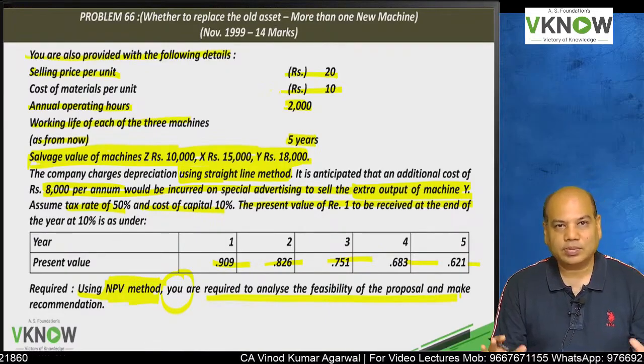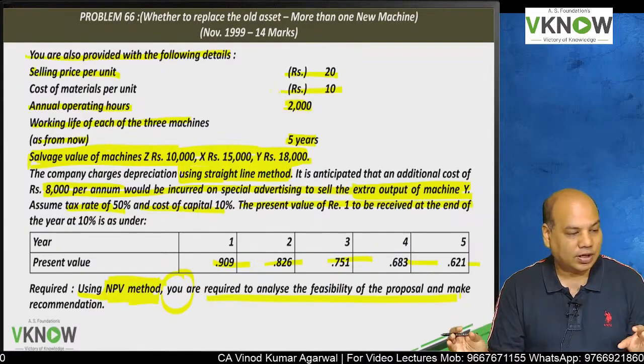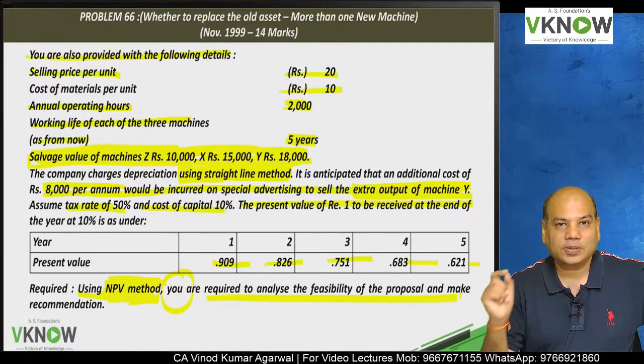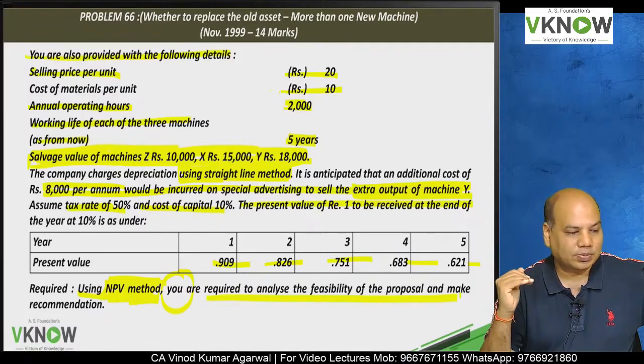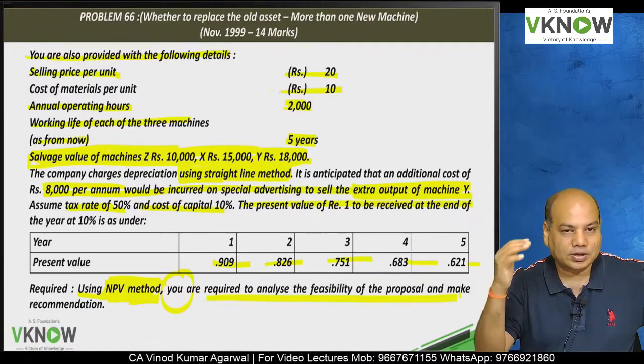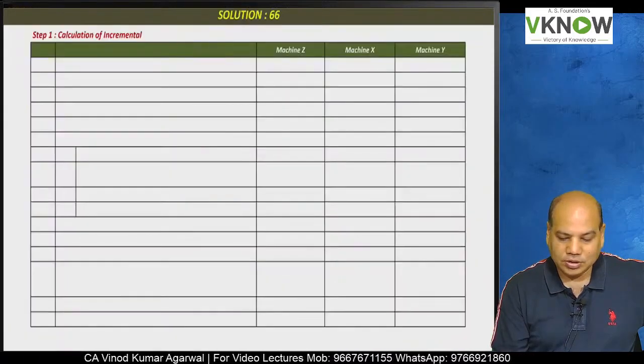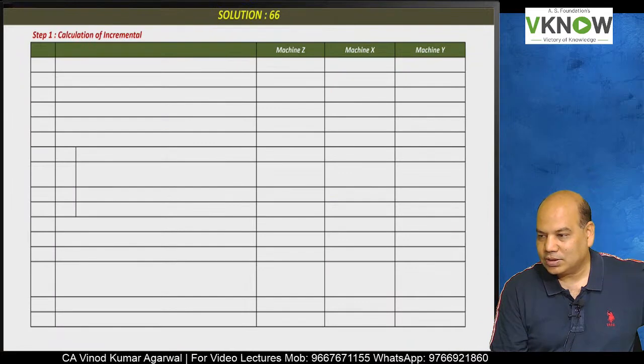This question is a mixture of costing and finance, because in the first few minutes you have to find the profit, like a costing problem. Operating hours, number of hours, output, variable cost, fixed cost, selling price.